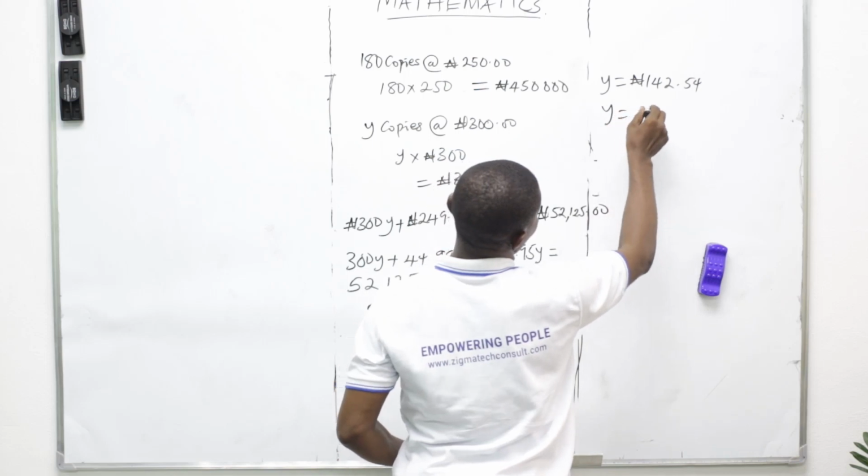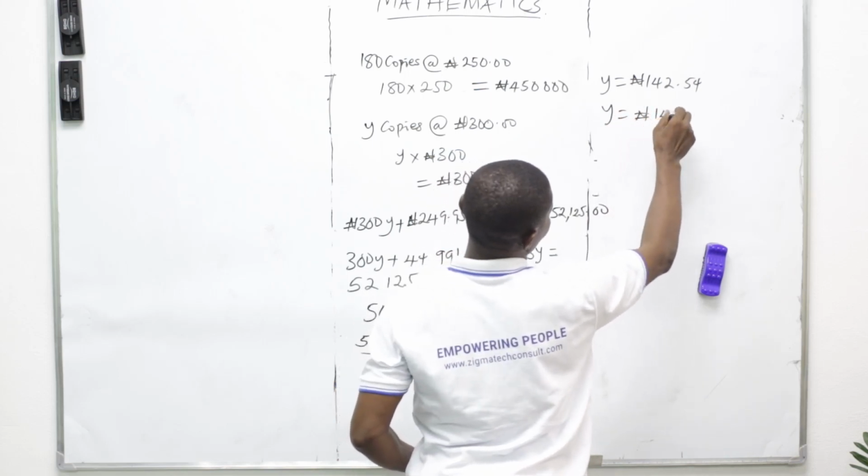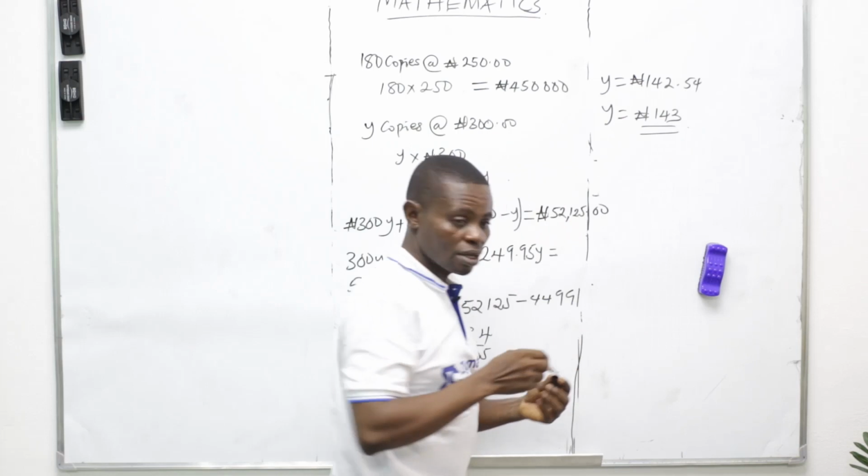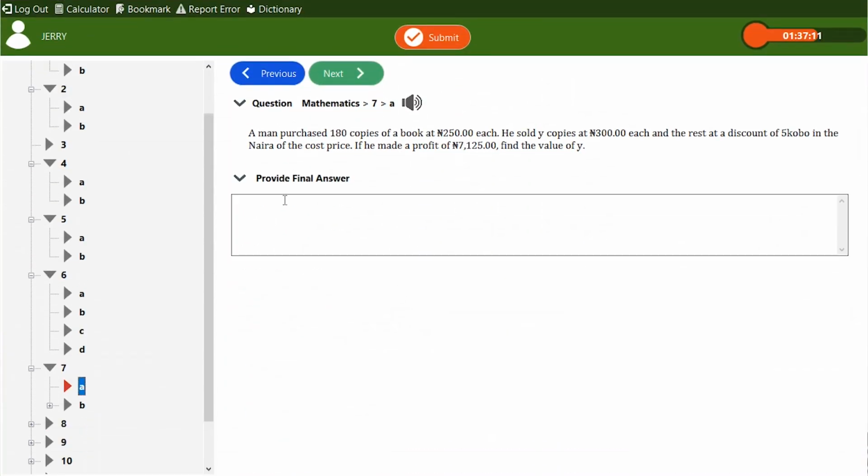So y equals approximately 143 naira. That's the value of y, 143 naira.